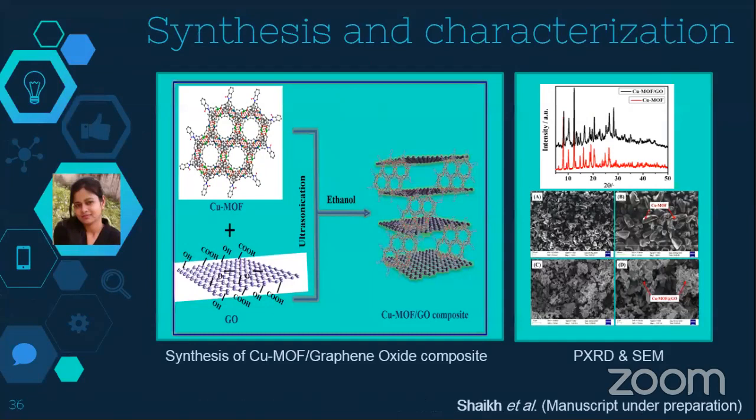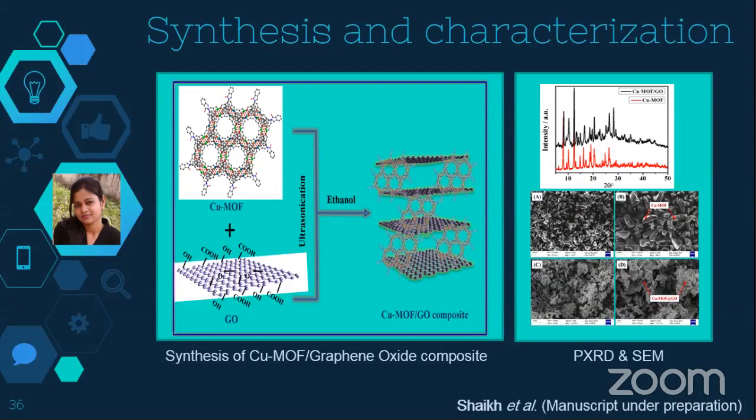So here we have prepared a copper MOF. MOF means a metal organic framework, which is porous in nature and also has a huge surface area. MOFs are used in very different types of applications.